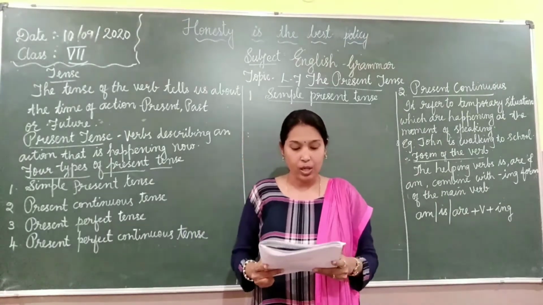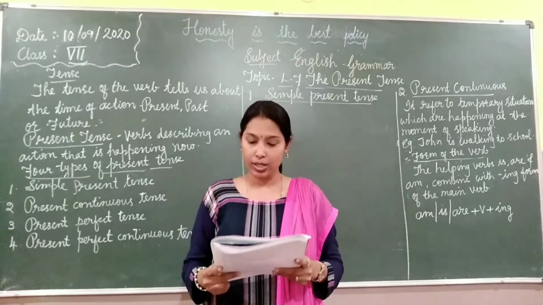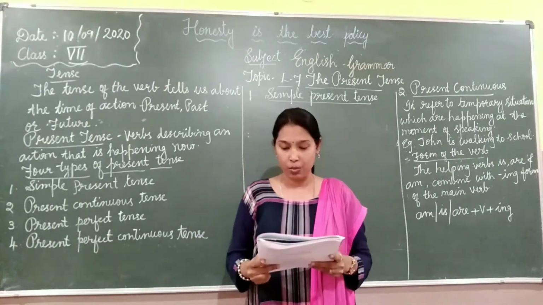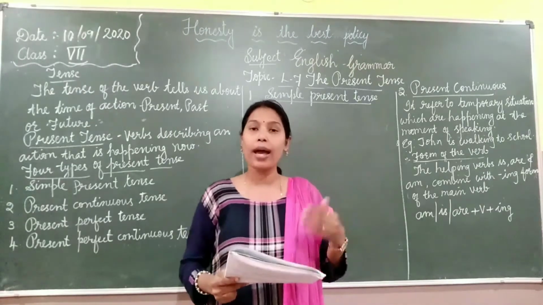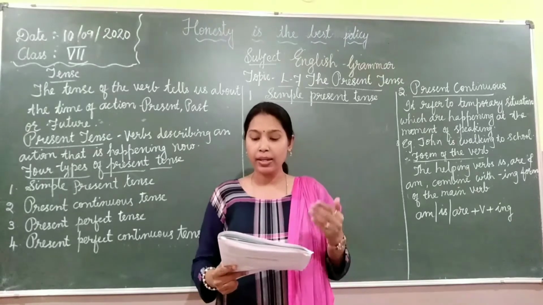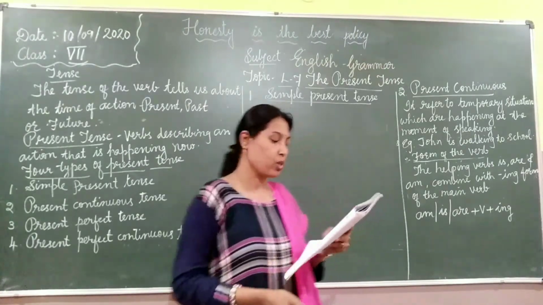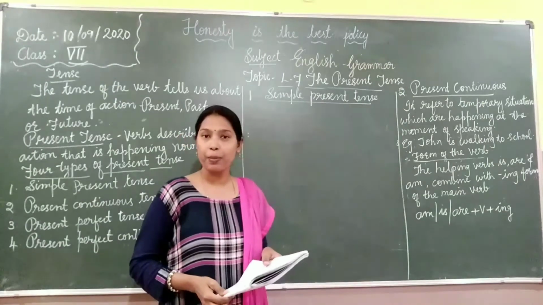First point, to talk about an action that takes place regularly, including the present moment. So to talk about an action that takes place regularly, regular habits, and whatever happens in the present moment, we can use the simple present form.